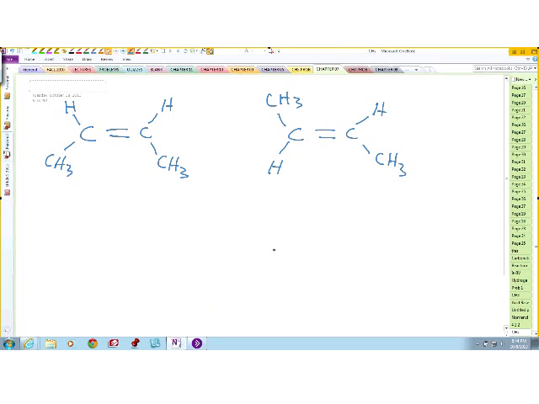If you recall when we did diastereomers in chapter 5, cis-trans diastereomers. And what are diastereomers? They are stereoisomers that are not mirror images. Okay?